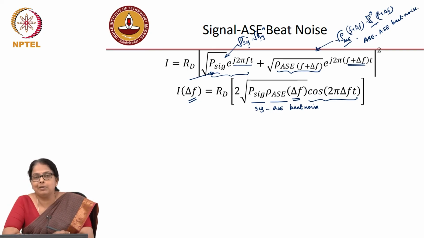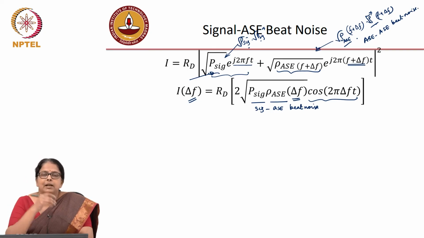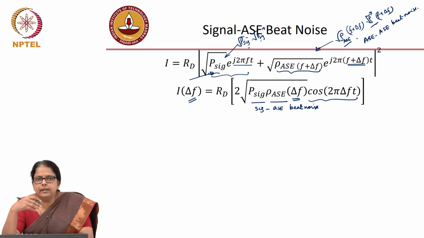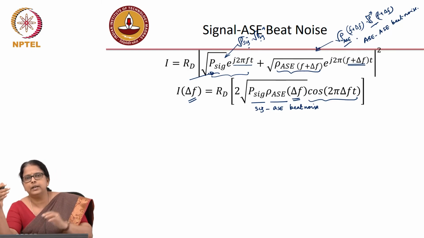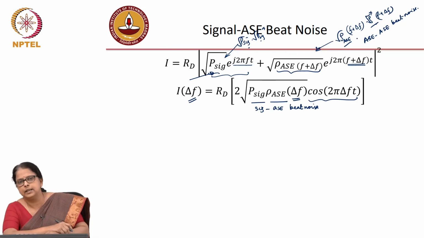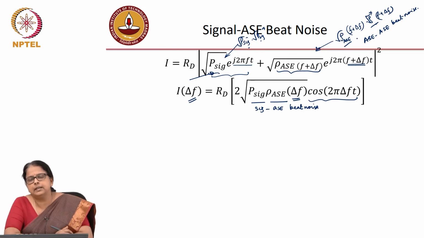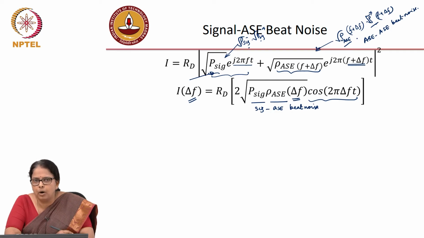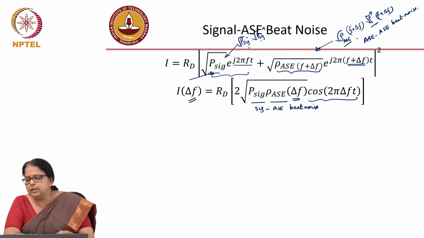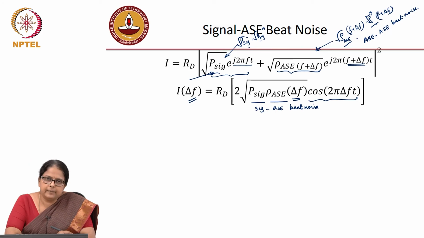Assuming that the ASE power is small, you know that when you have a signal in the system, I already showed you a spectrum, the ASE actually comes down in the presence of the signal. So, if we assume that the relative power of the ASE is small, I can ignore the ASE-ASE beat noise, but I cannot ignore the Signal-ASE beat noise, because the signal power is large.